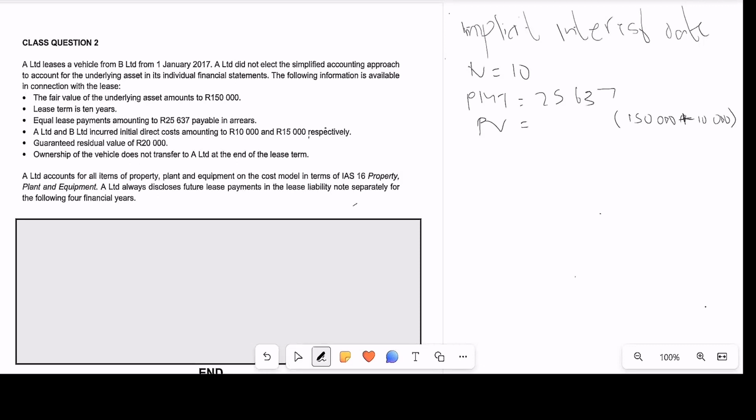It's 10,000. So here it's going to be 160. Then here it's going to be the future value. It's going to be 20,000. Then compute the I.